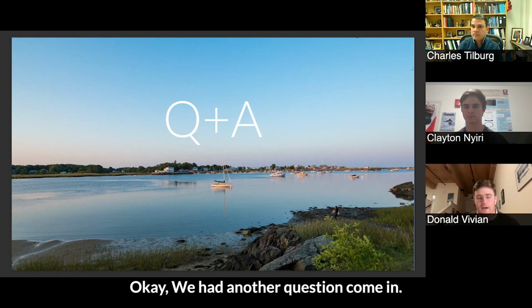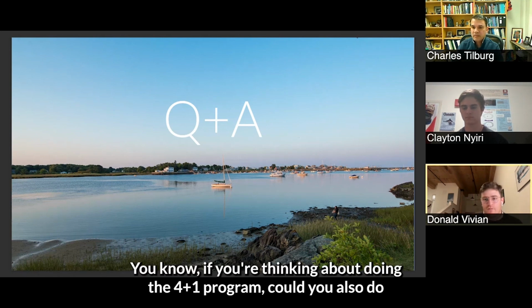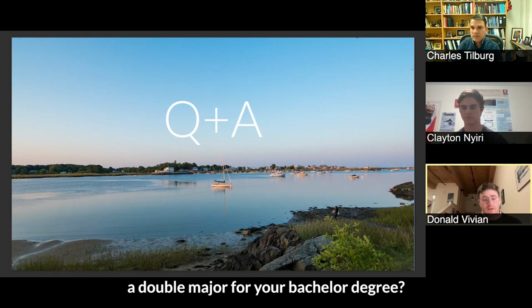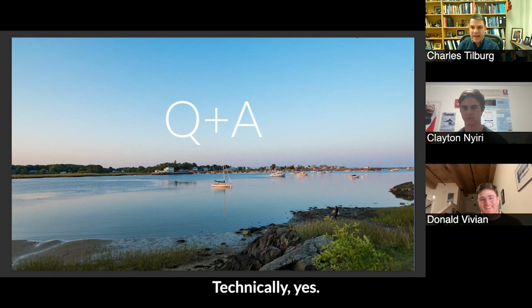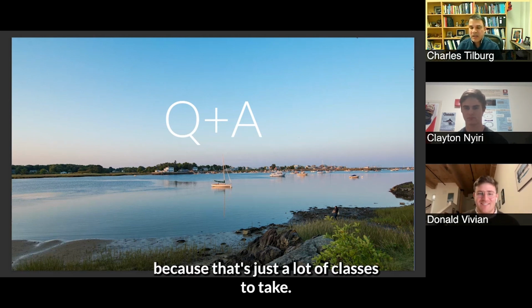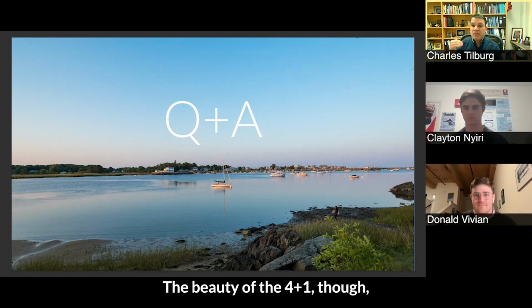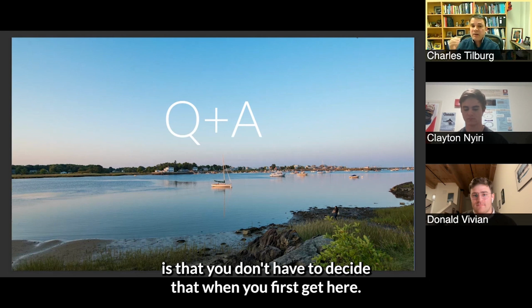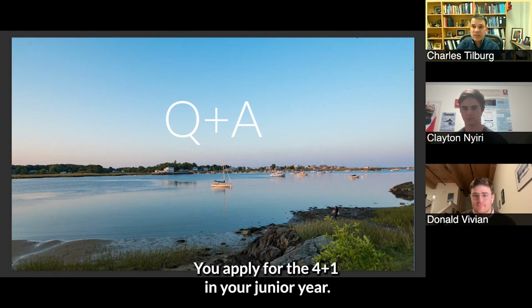Okay. We had another question come in. If you're thinking about doing the 4+1 program, could you also do a double major for your bachelor degree? Technically, yes. It would be very difficult because that's just a lot of classes to take. The beauty of the 4+1, though, is that you don't have to decide that when you first get here. You apply for the 4+1 in your junior year.